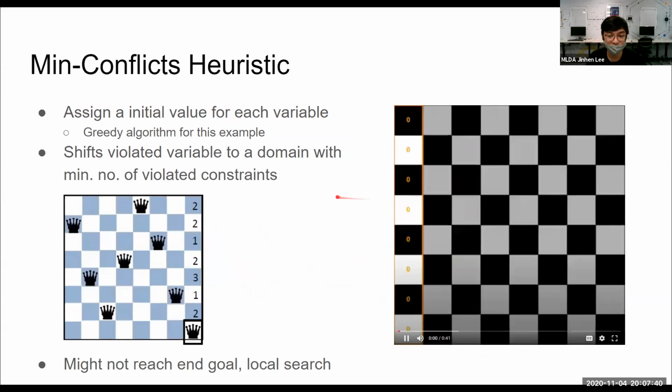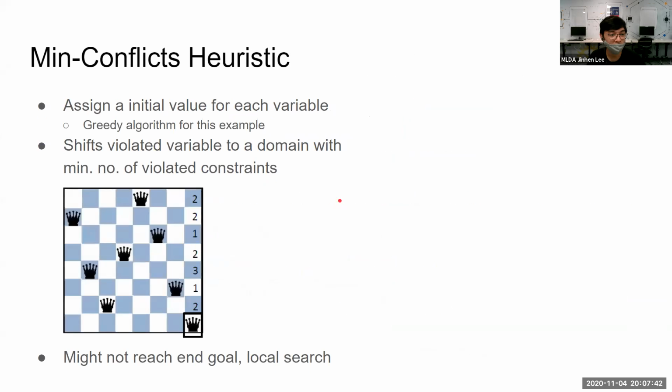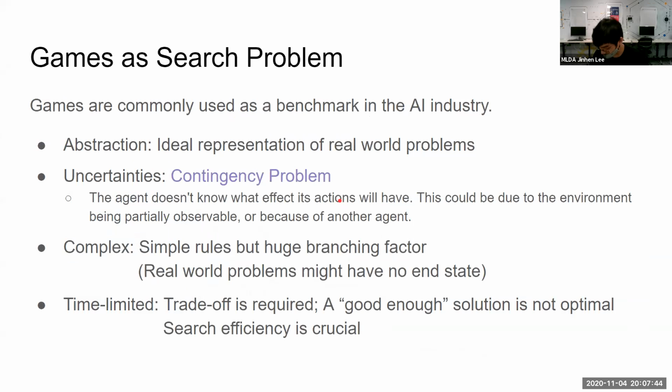So, so far, most of the AI problems that we try to solve, you will notice that we use games as a very good example to demonstrate the power of AI. The reason why games are used as a benchmark in AI is because they're an ideal representation of real world problems. They can be abstracted.